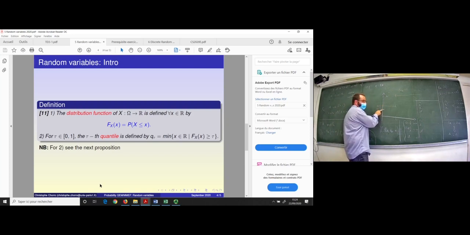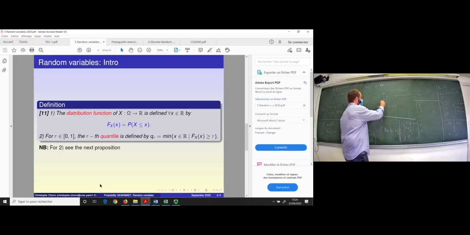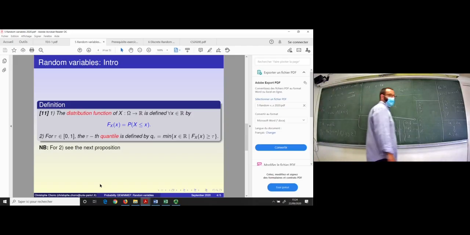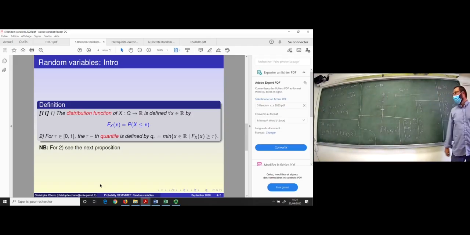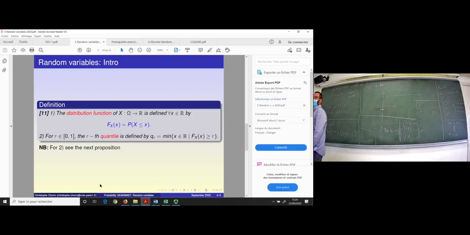So the tau quantile in this case is equal to 0. If I take tau to be here, for example, what will be the tau quantile in this situation? 1. And you have the two cases, 0 or 1, in this particular situation.